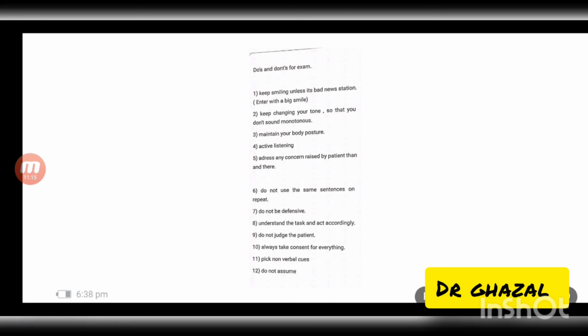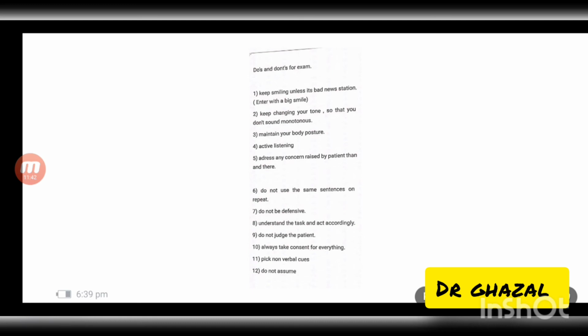Just say, oh my bad, I'm really sorry, I will try to be more active in our conversation now. Just don't defend, and just offer a sorry. And if it's a station where you have made a medical error, like interpreting an x-ray wrong, and you are talking to the patient to whom you have made a mistake, just don't be defensive, just accept and offer an apology to the patient.